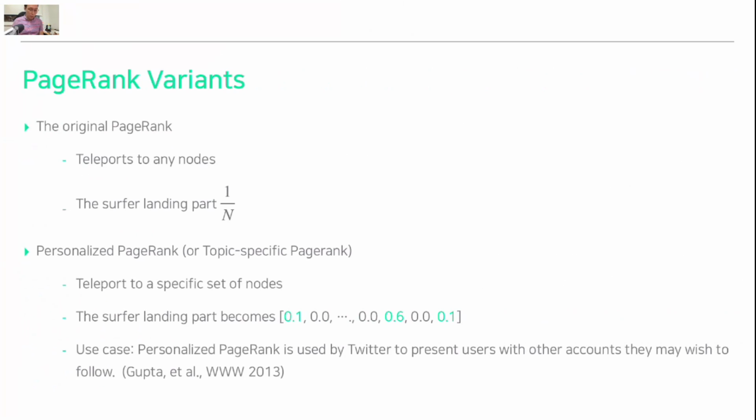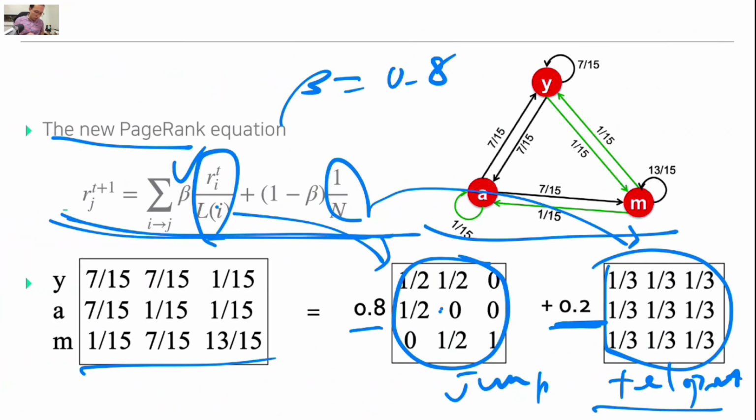First one is the personalized page rank. It sounds like something is personalized, right? So how do we compute that? Compared to the original page rank, we use the 1 over n for the teleporting part. Which means we can randomly teleport to anywhere, right?